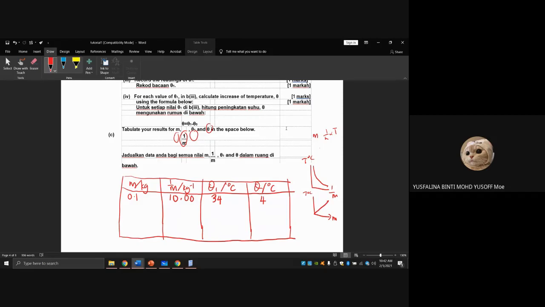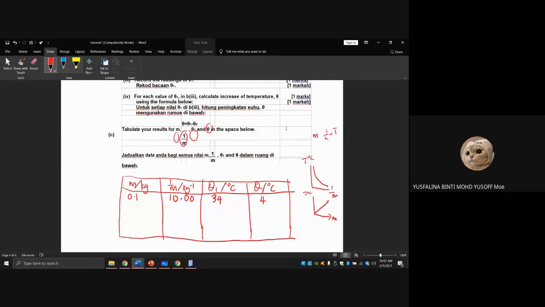We have to divide by m because actually in paper 3, they just ask you to draw any graph, to test whether you can draw a graph of 1 over m or m over theta, like that.